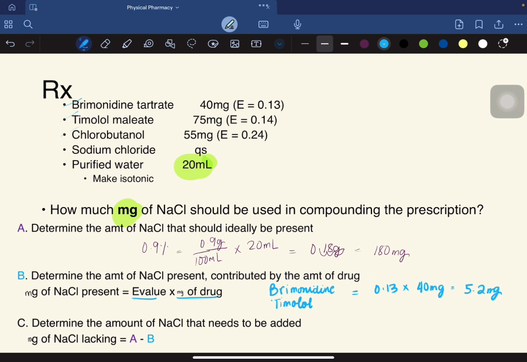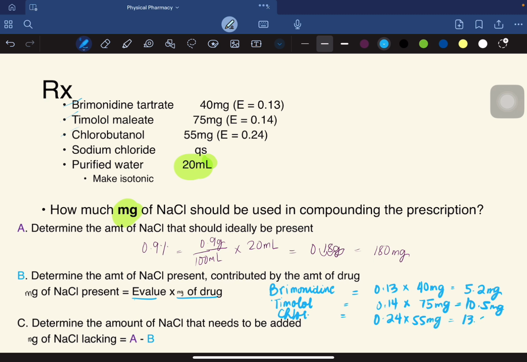So for timolol, its E value is 0.14. Multiply natin by 75 milligrams. The answer would be 10.5 milligrams. And then lastly, for chlorobutanol, the E value is 0.24 times 55 milligrams.